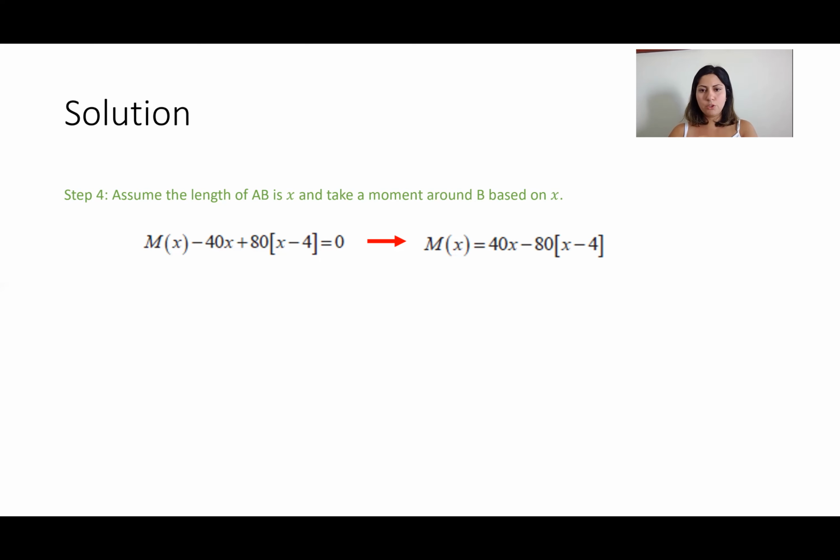It was pretty standard, straightforward so far. It was what we usually do in analyzing the beam. The only thing which is different is to derive the equation based on the variable x and keep the x in your equation.